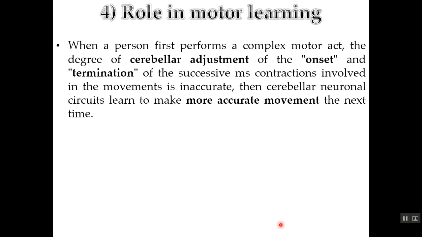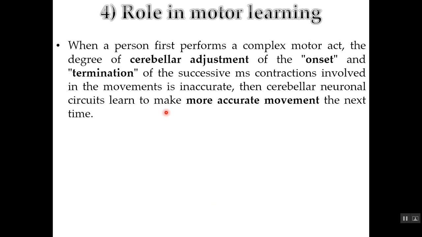What about the role of the cerebellum in motor learning? This is a function of the new cerebellum. Your cerebellum contains what are called neuronal circuits. These neuronal circuits are involved in motor learning, or learning of new motor skills.